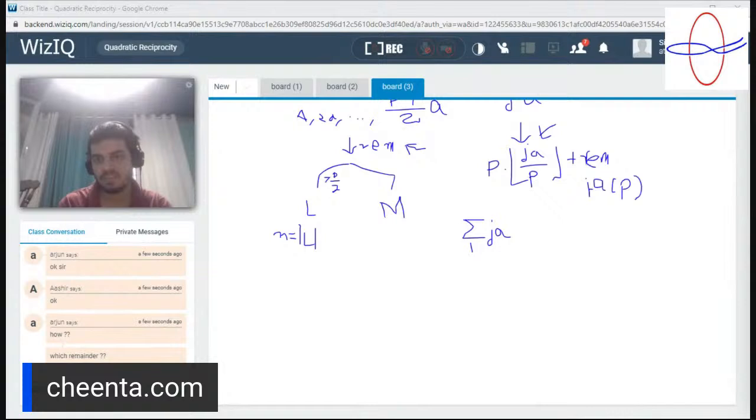Remember, we are just using the values from 1 to p minus 1 over 2, j from 1 up. This is equal to p times n, where n is the sum of all of these quotients, plus the summation of li's and the summation of mi's.